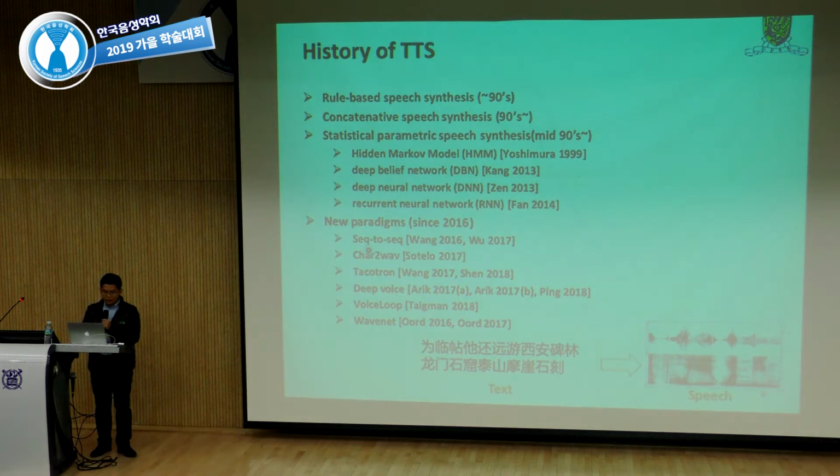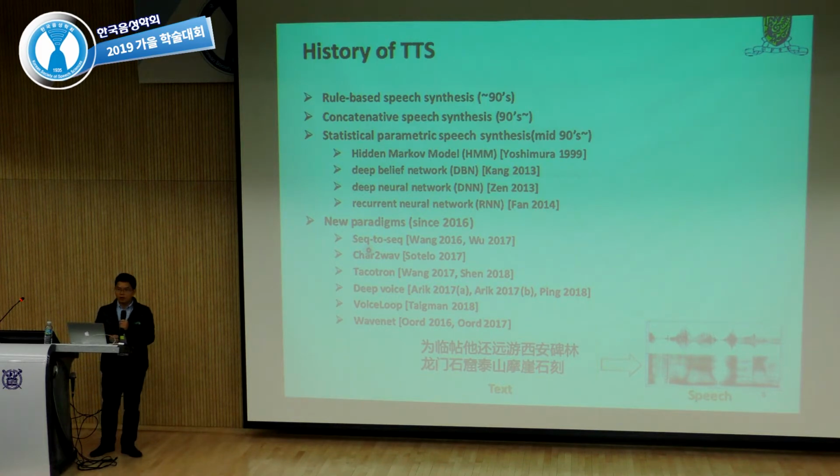And then the second generation is concatenative speech synthesis, which directly selects segments from the recorded corpus and then concatenates these segments together, which actually still performs very well. As far as we know, some of the companies still use this kind of technique in their production.